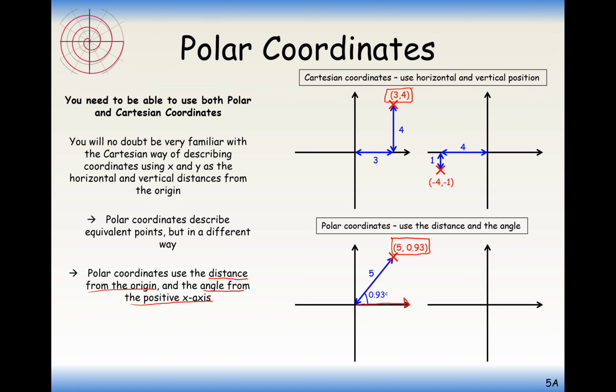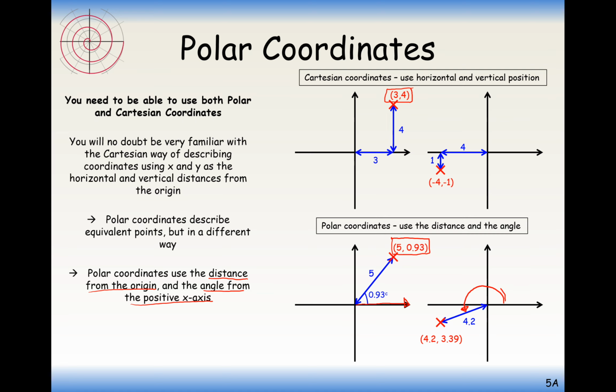And if you've got the Cartesian coordinate -4, -1, the distance is 4.2, just a bit of Pythagoras to work that out. And then the angle of rotation, now slightly different to complex numbers. We don't go down generally, we'll just go round the circle anti-clockwise until we meet that coordinate.